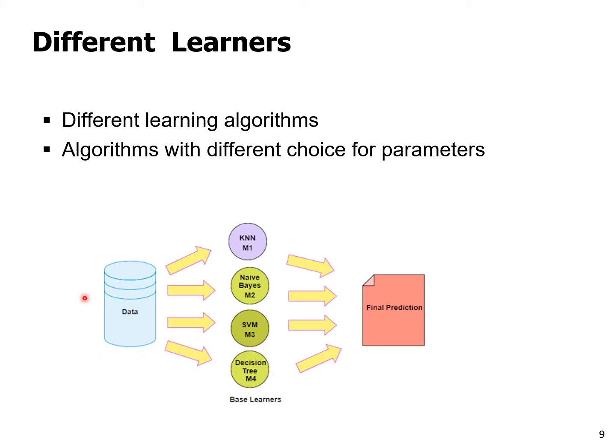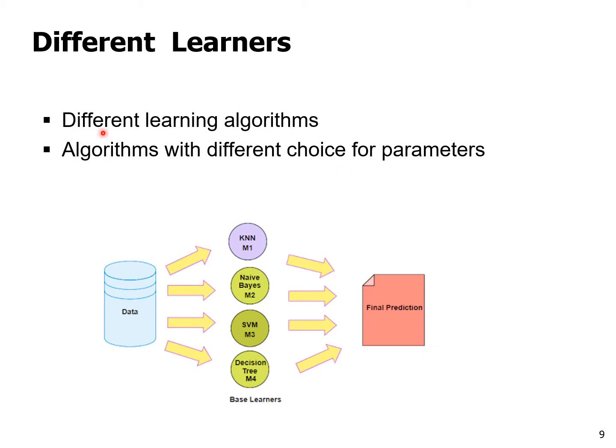So given a single data, we have multiple different learning algorithms, okay? And then each algorithm makes predictions, and by combining these, we have final predictions. That's how it works in ensemble method using different learning algorithms.